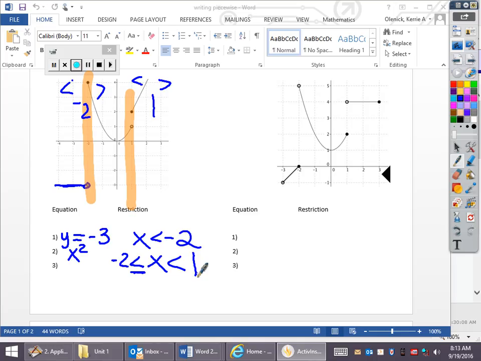Okay, great. And the last equation. What's my slope? Okay, 2 over 1 is my slope. So it's going to be 2x. Now, if I go down 2 over 1, what is my y-intercept? 0.